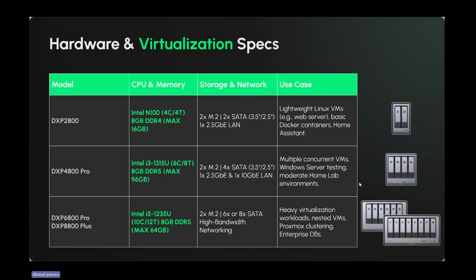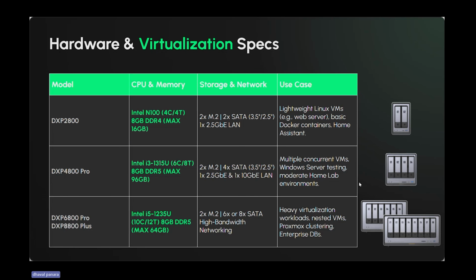And UGREEN offers a range of NAS models to fit different needs, right? We have entry-level models that are good for running small VMs, lightweight applications, and basic applications. Our DXP2800 Pro, again, is entry level, but packs a lot of hardware. It has an Intel N100 CPU, a 4-core, 4-thread processor, and 8 gigs of DDR5 RAM.